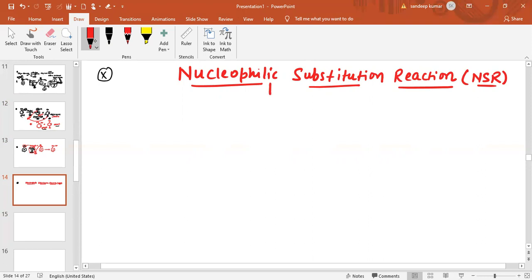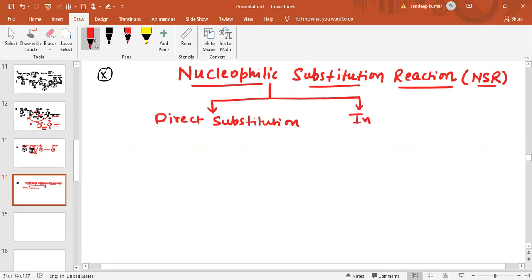So there are two possibilities of nucleophilic substitution reaction.